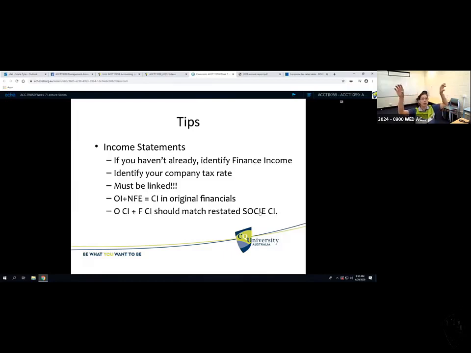And we told you back then, if your company was lazy and just put one total for other CI, then you had to go and find the matching total in your income statements and split it up into all of those individual items into O and F. So in some cases, you will have already used your income statement other CI items to do this split anyway. Okay, so that will make sense once you've done it. It probably won't make sense to you right now.